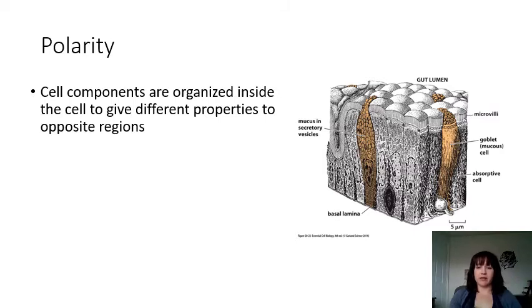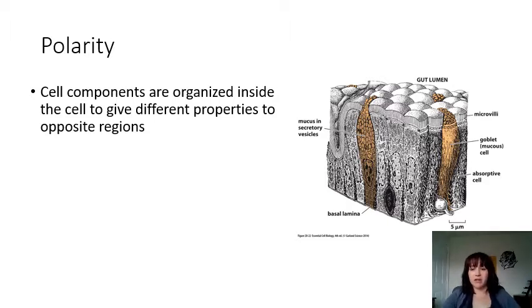So when we talked about intestinal cells, the side of the cells that is facing the gut lumen has to have transporters to pick up glucose, right? And the opposite side has to have transporters to secrete glucose in a regulated manner to the bloodstream.